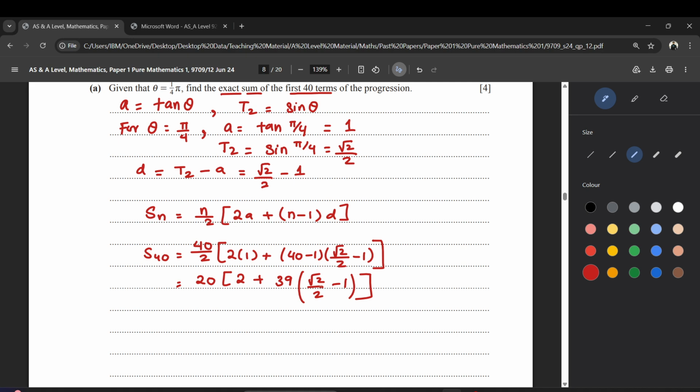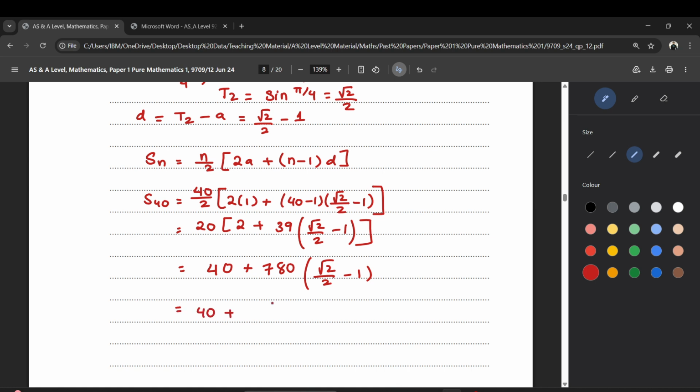Okay, so let me calculate this first. So 39 times, or actually we have to leave it in the exact form, right? So it won't make sense if we try to calculate it. Okay, so now we can expand the bracket. So 20 times 2, that would be 40, plus 20 times 39. So 39 times 20 is 780, times root 2 upon 2 minus 1.